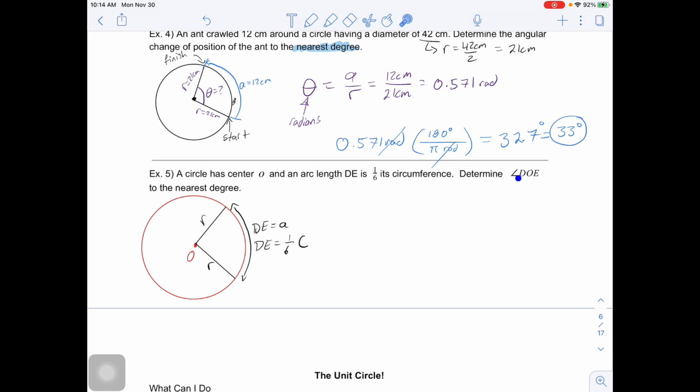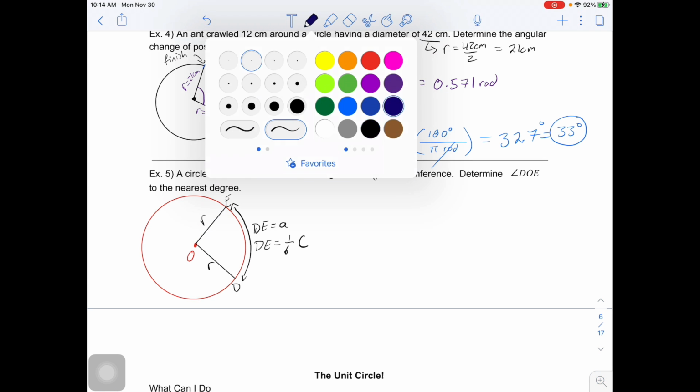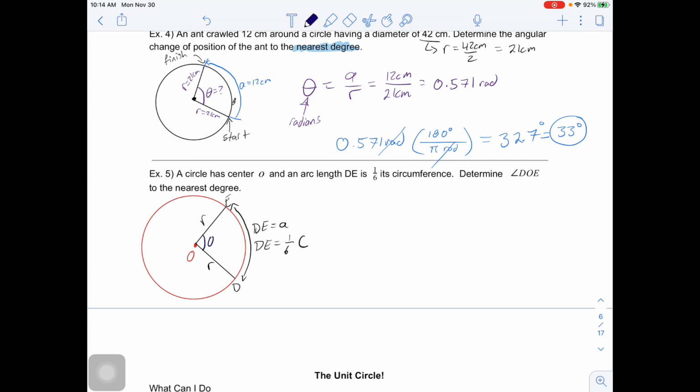So it wants us to figure out the angle made from DOE. So in this case, if this is D to E, the angle made from DOE is this angle here. So it looks like we're simply just figuring out the angle between the two radii.